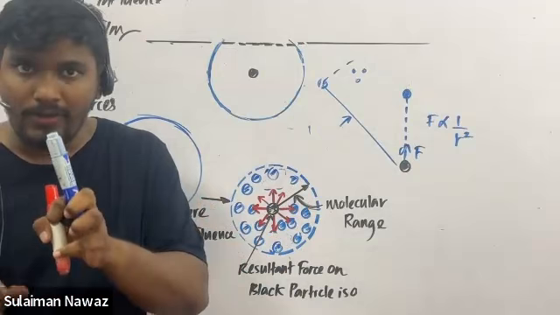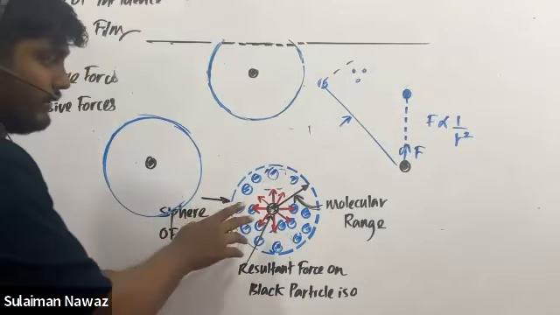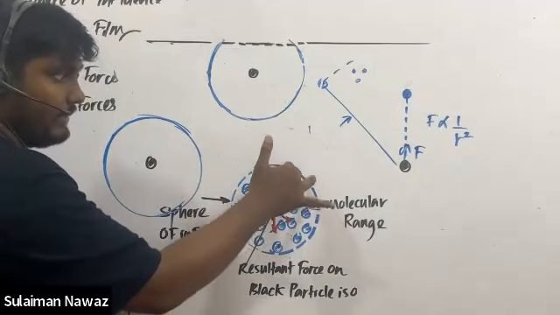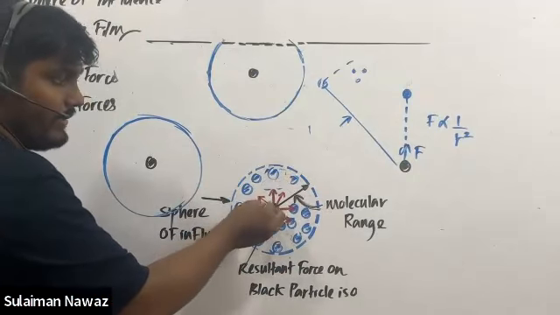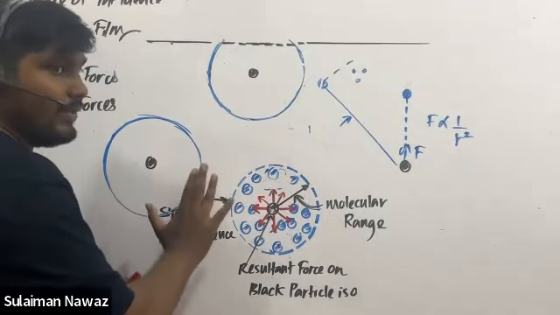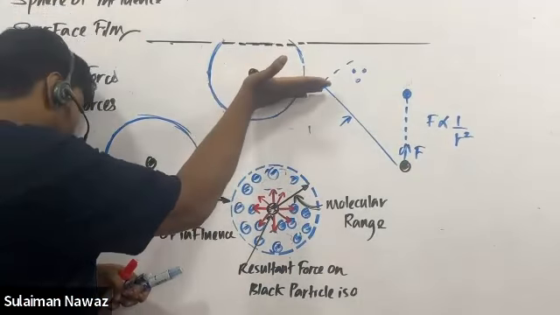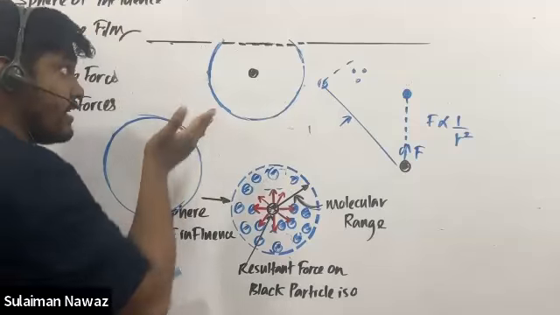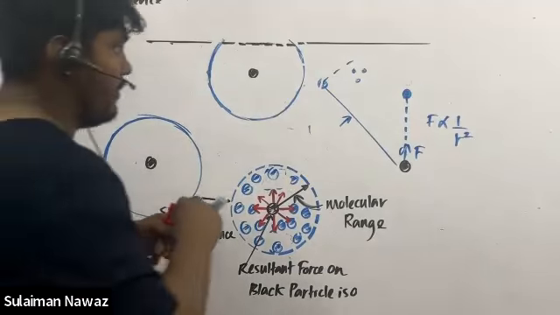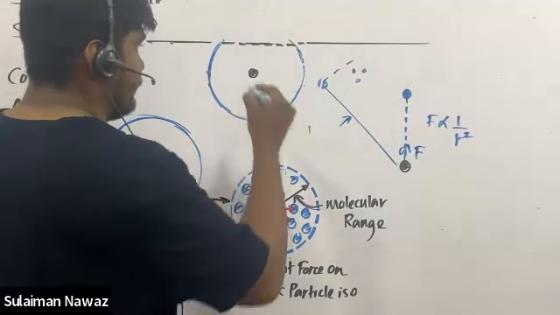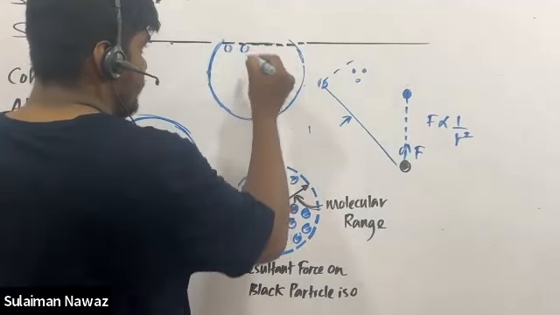Then reply in the chat box. Now, when you consider particles here, they have a perfect sphere, so the resultant force acting on this particle is zero. Someone reply, when you consider particles very close to the surface of the liquid, what would happen? You will understand that.